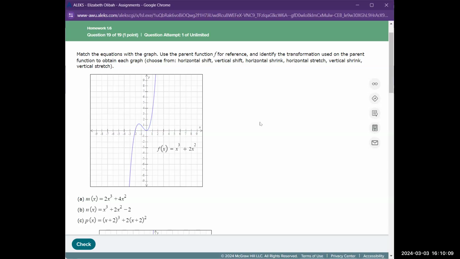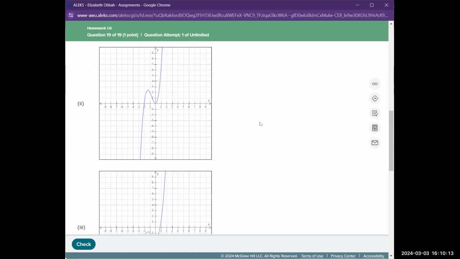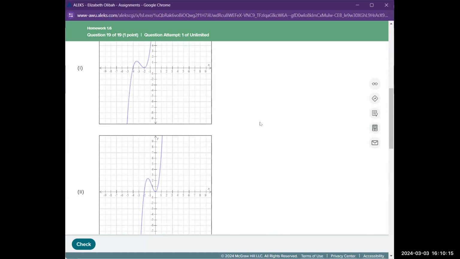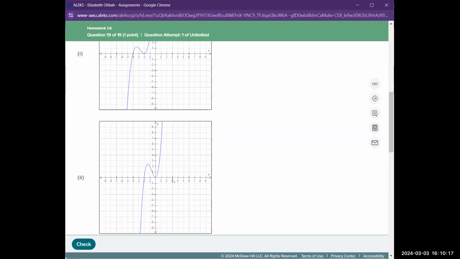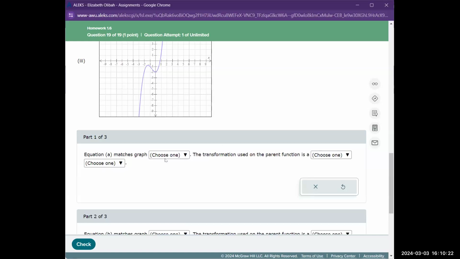So I'm going to look for a graph that still has the 0, 0, but looks like that kind of bump is higher. So the only one that still has the 0, 0 is this one. So 2, it must be 2. So equation A matches graph 2. The transformation used is a vertical stretch, because it was multiplied by 2 on the outside.